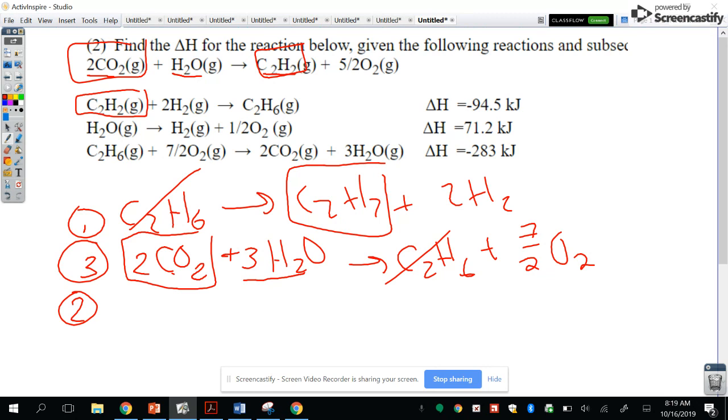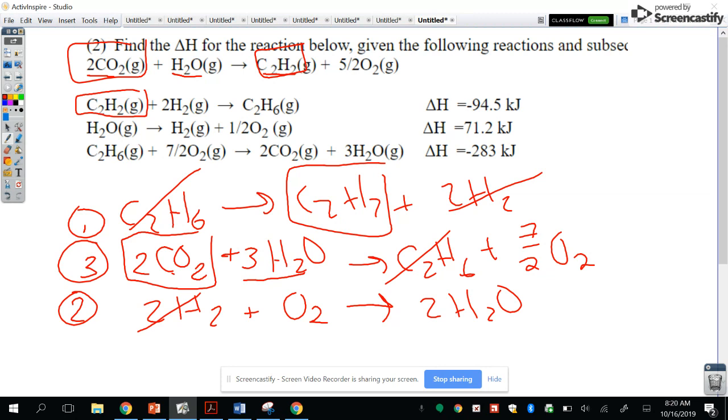So I'm going to have 2H2 plus 2 times 1/2 is 1. So that's going to be 1 oxygen goes to 2 H2O. So right away, I see that I now can cancel out my H2s because I have 2H2 on the reactant side here and 2H2 on the product side here, so those can cancel out.